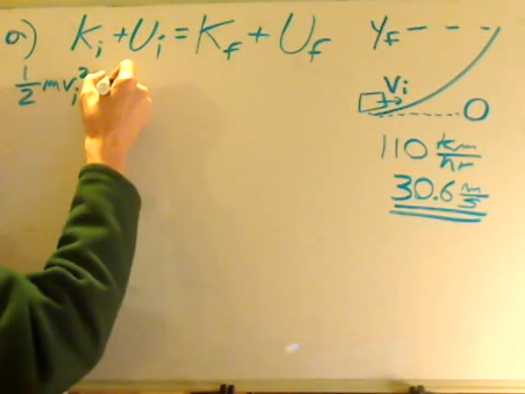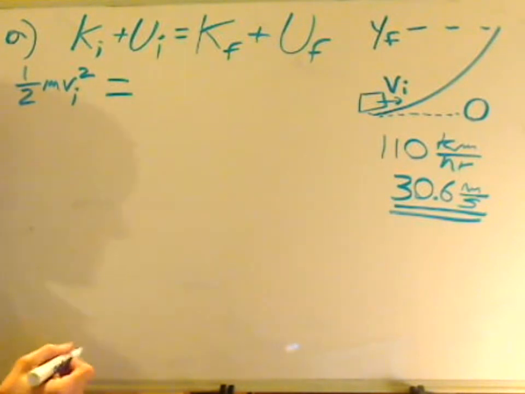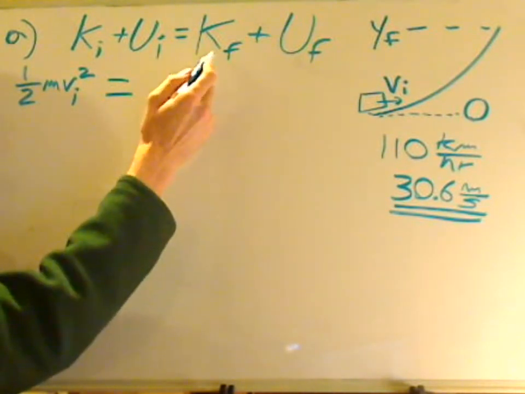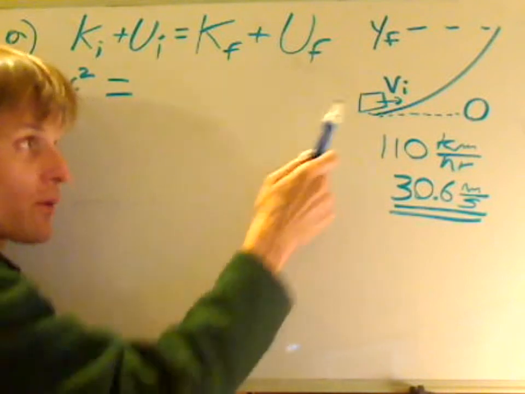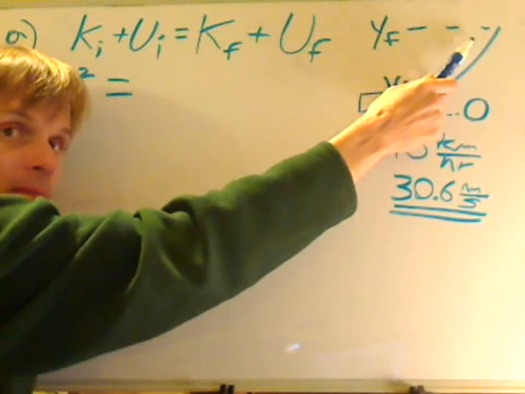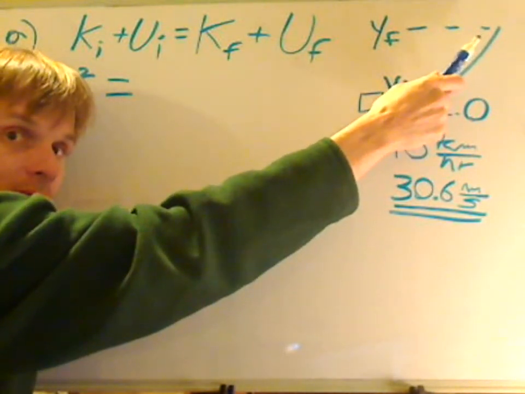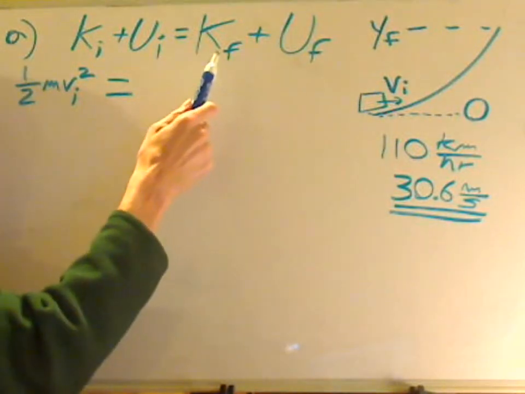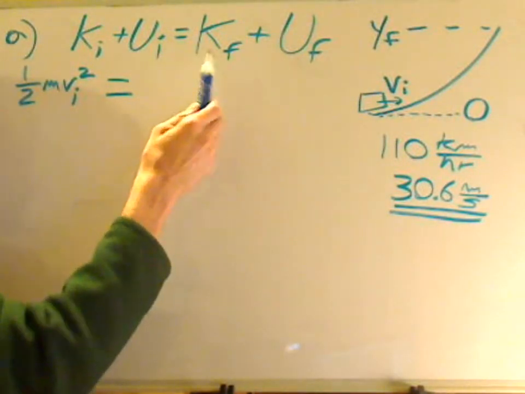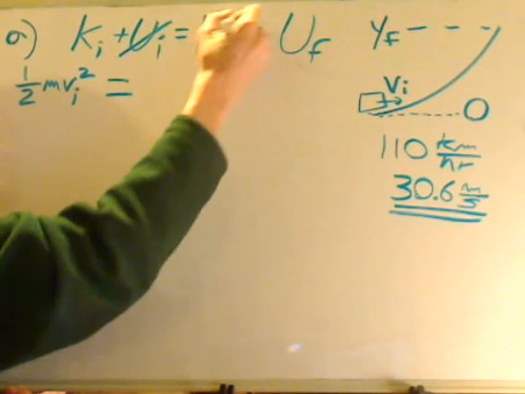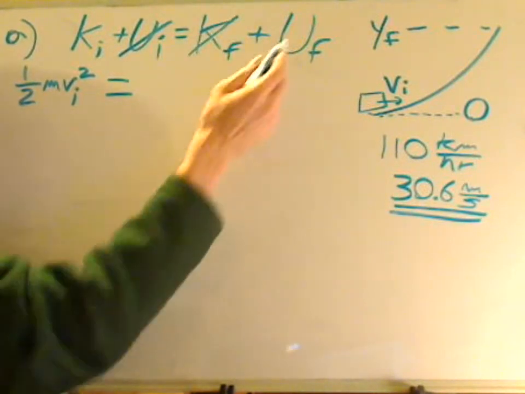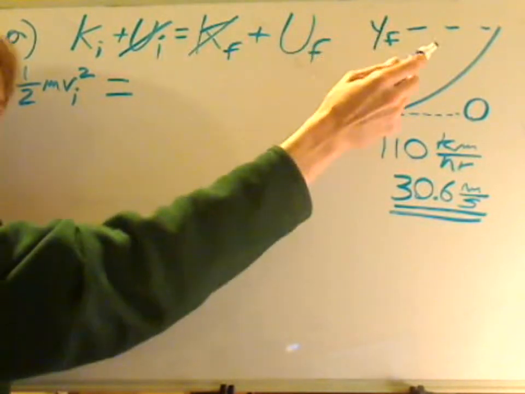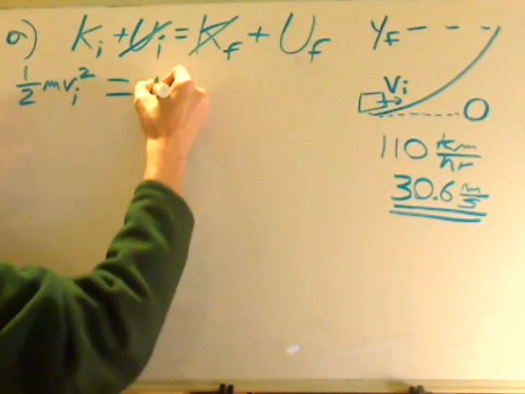So this equals final kinetic energy. What's our final kinetic energy? Well, the car comes to a stop at its high point, so final kinetic energy is also 0. Our final potential energy is mg times our final y height.